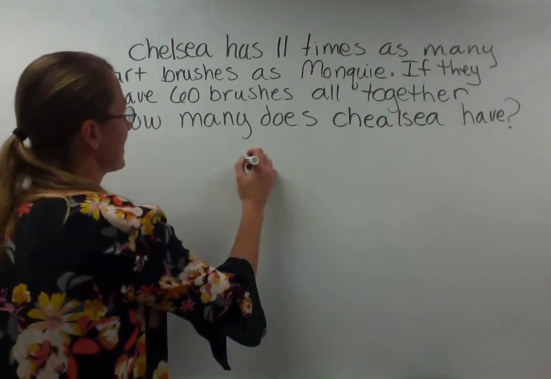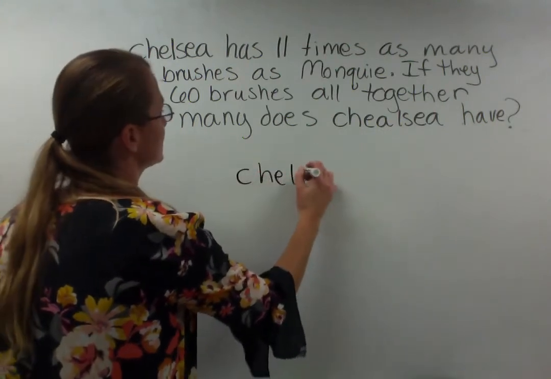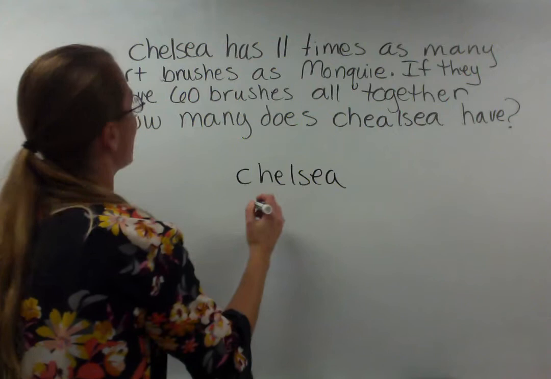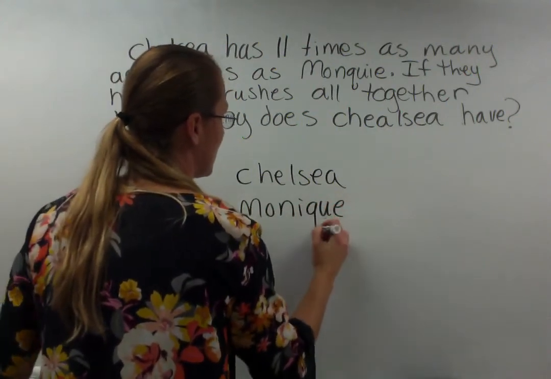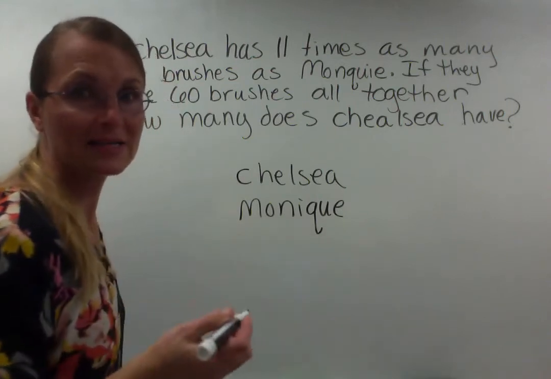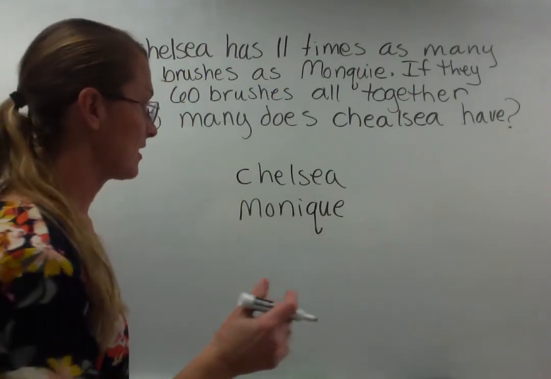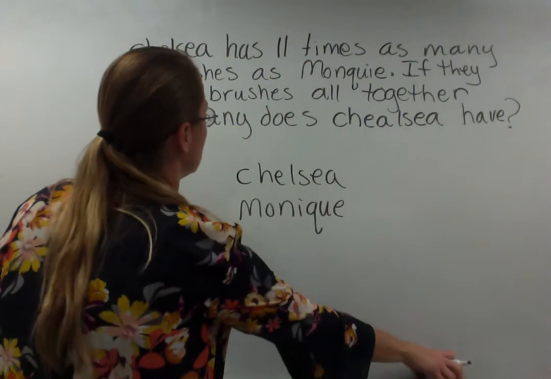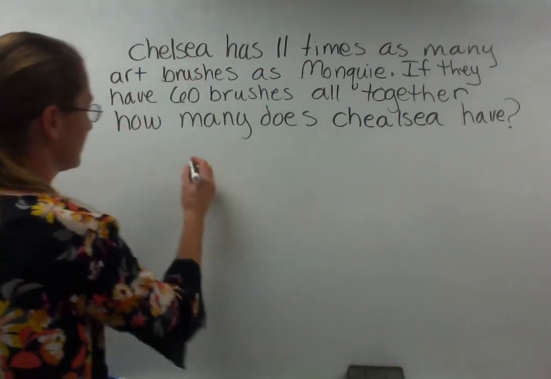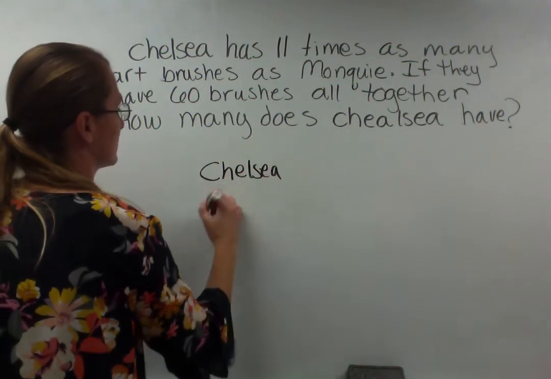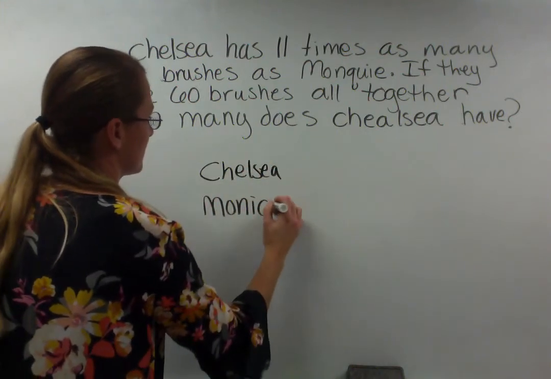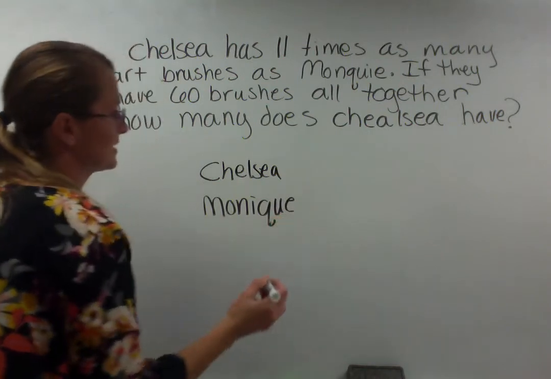What I would do is I would label my 2 people. So we have Chelsea and we have Monique. And we're going to make boxes to represent how many of the brushes they have. And I'm going to move these names over this way so you guys can see them better. So we're going to use boxes to represent amounts.